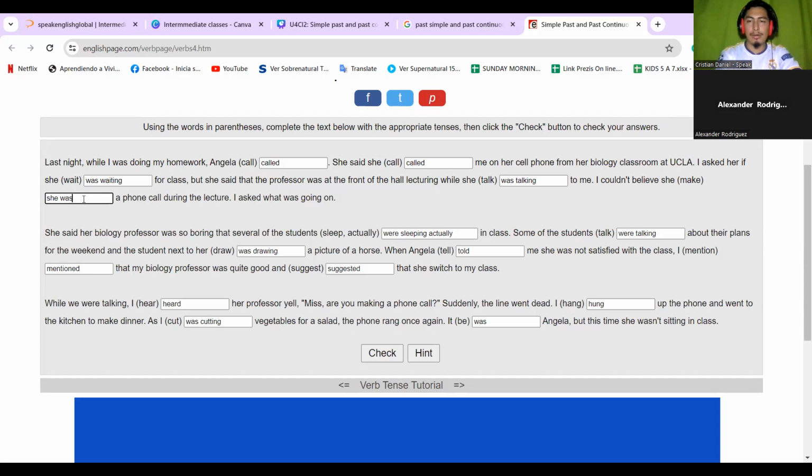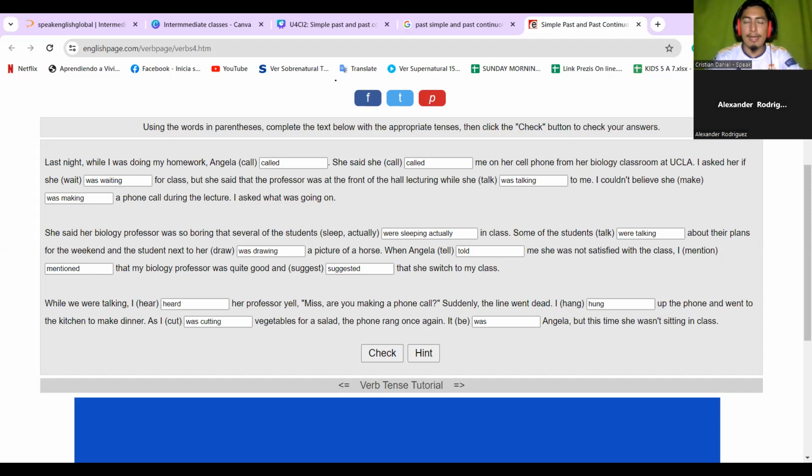She was making... I couldn't believe she was making a phone call during the lecture. That's the only change that I could identify.